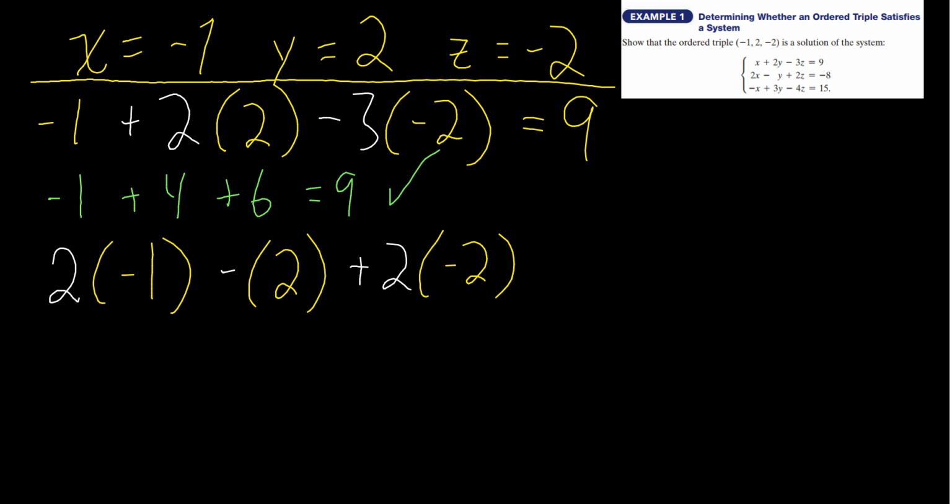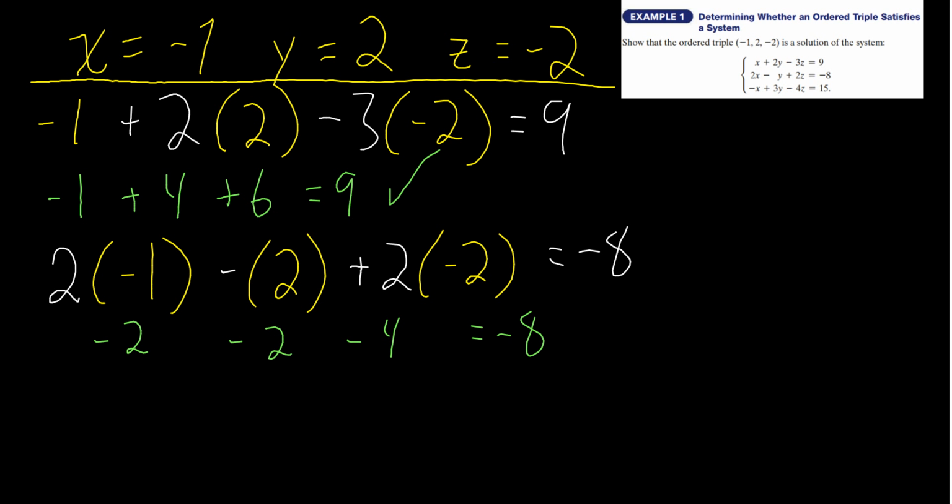That's equal to, try to remain consistent here, 9 there, and this is equal to a -8. Okay, so let's do the arithmetic here. So 2 times a -1 is a -2, minus 2, minus 4, so -2 minus 2 minus 4, that is indeed equal to a -8. Okay, so that is a true statement.